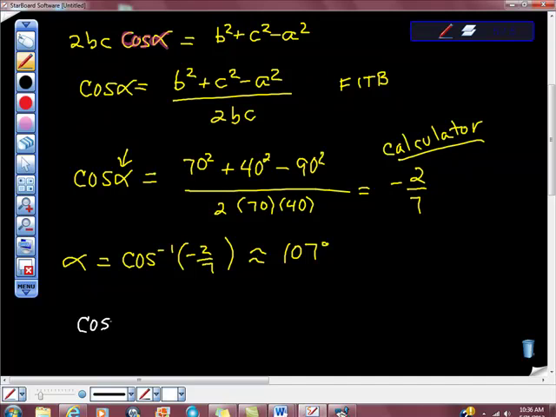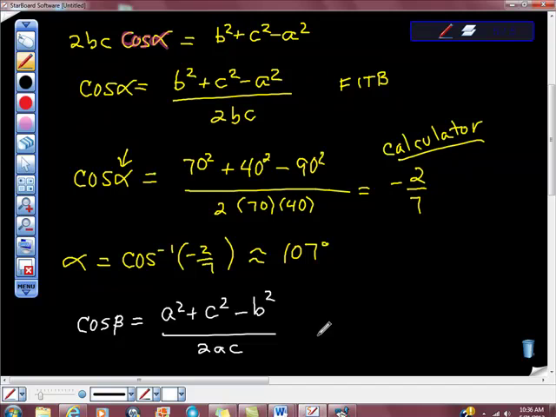The cosine beta, after I rearranged all of this, turned out to be a squared plus c squared minus b squared, if you put it into the equation, all over 2ac.